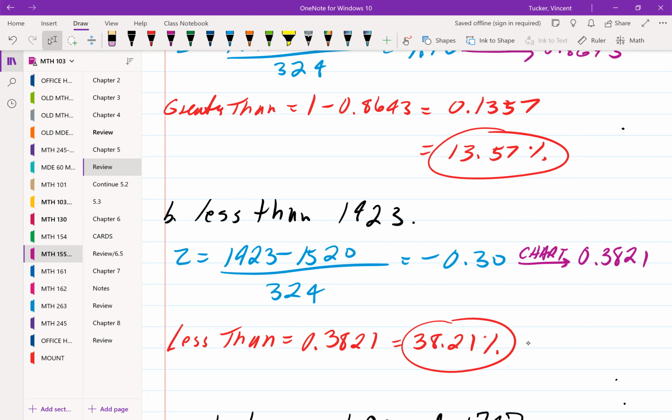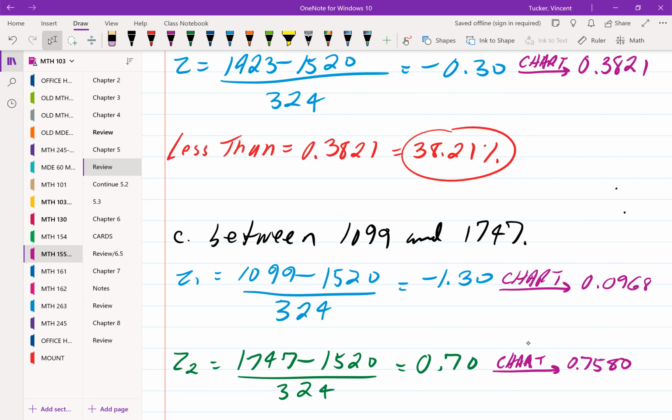Okay. And then the last one, between. We got between 1,099 and 1,747. So we convert both of those values to Z-scores individually. So we'll have two Z-scores in this case. We got 1,099 minus 1520 divided by 324. That gives me negative 1.30.